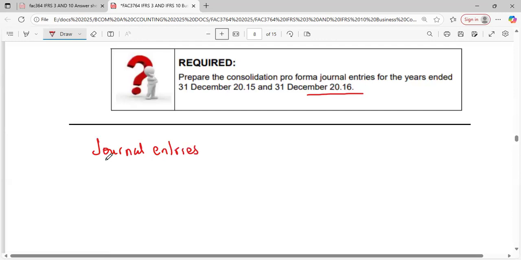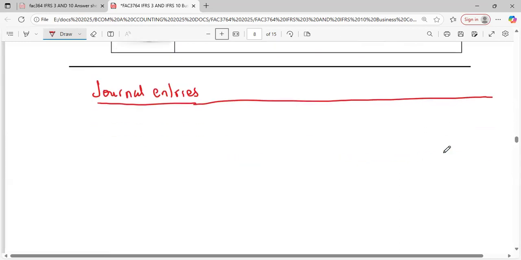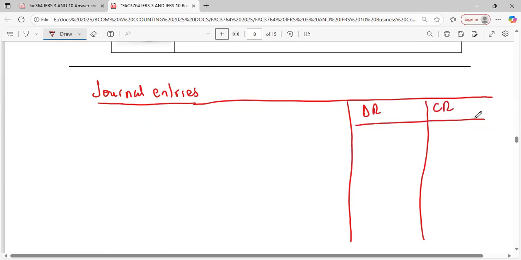So the pro forma journal entries is the elimination journals that we are going to have. So we want to eliminate the unrealized profit. Right, so the first journal is on 31 December 2015. What are we going to have?